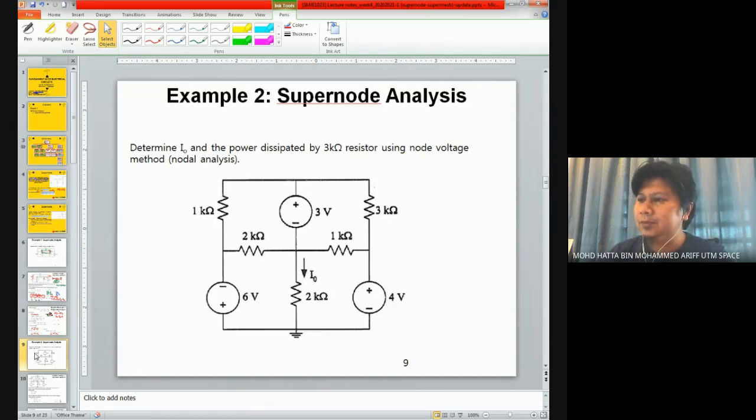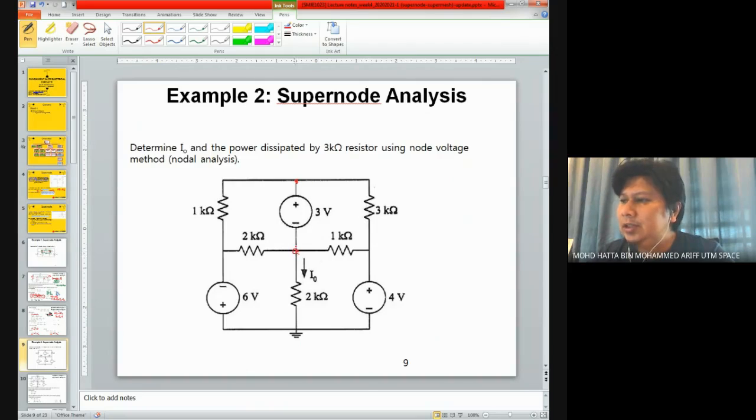For example number 2, again, this is also a supernode example where you need to apply supernode in order to analyze the circuit or find the parameters in the circuit. In this case, we need to find the current over here, which is I/O. Looking at the circuit, these two nodes are non-reference nodes. Non-reference means that it is not connected to the ground.